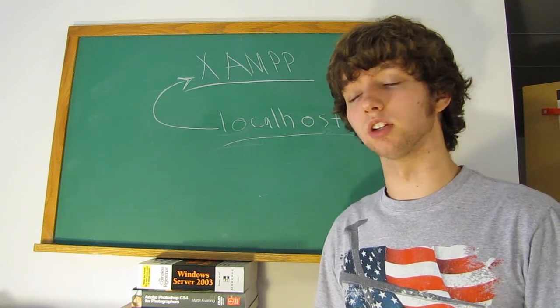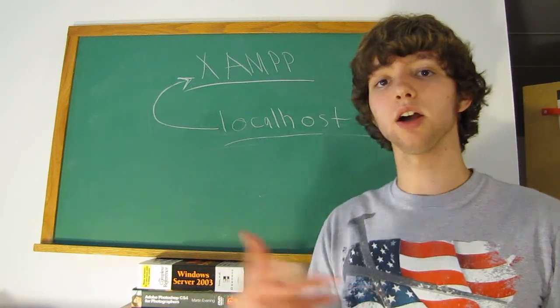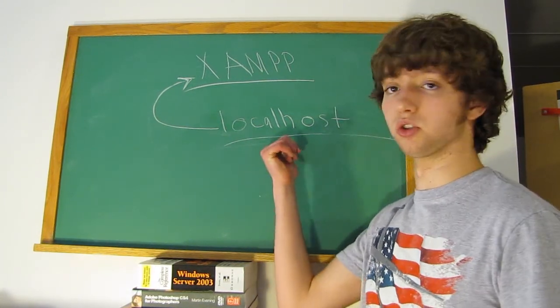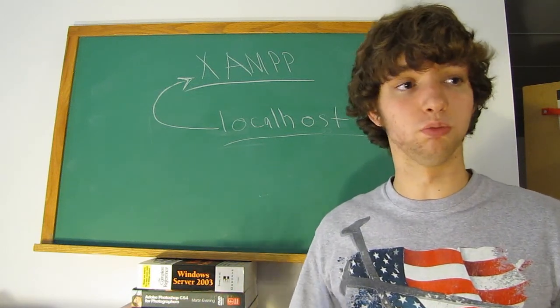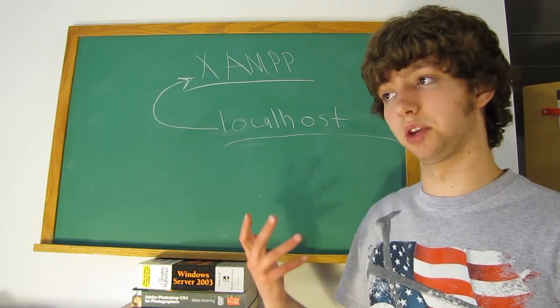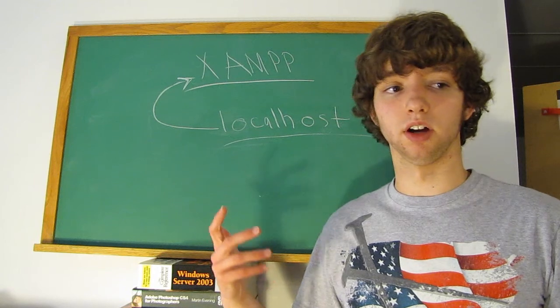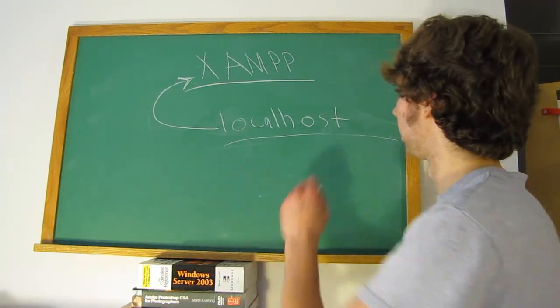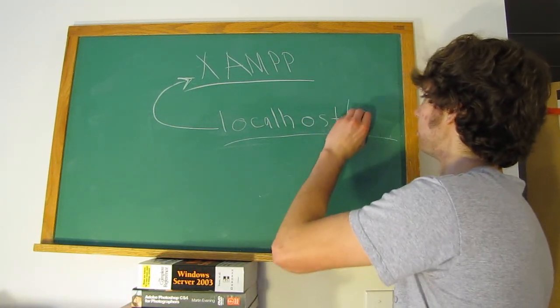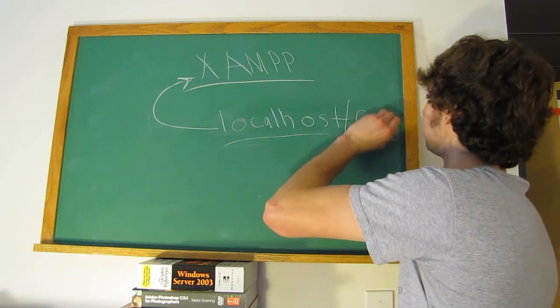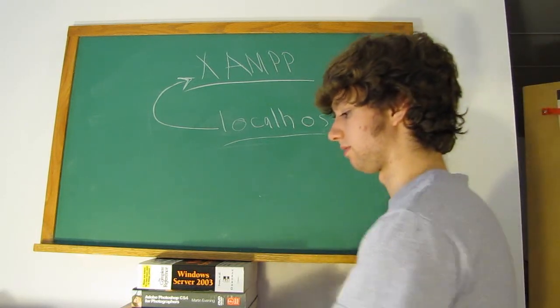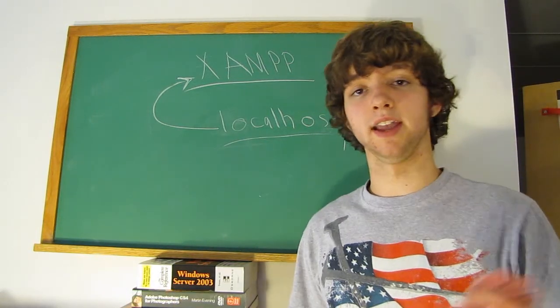To request files from this server, we can use localhost. To go to the home page, we could type localhost. Then we may have another page, like friends, for example, friends.php. That is how you access files, and we'll be installing that in the next video.